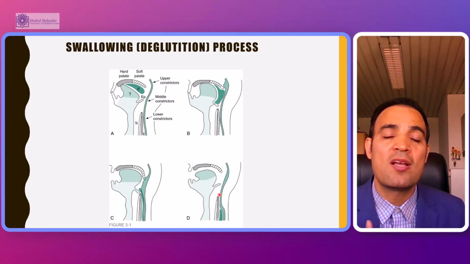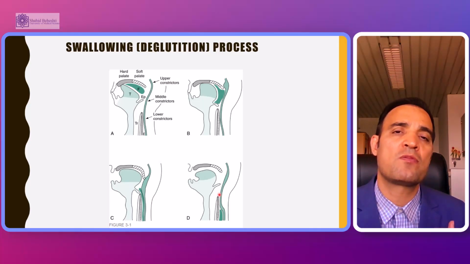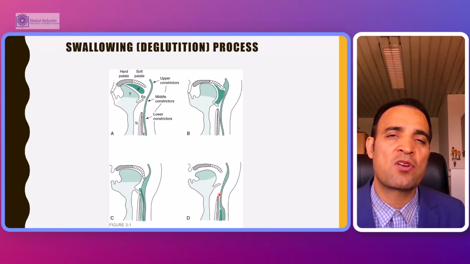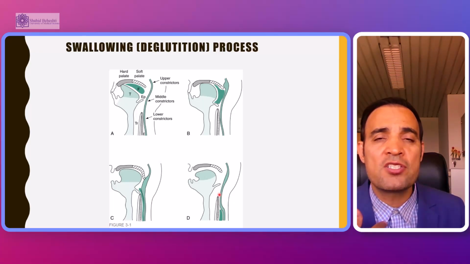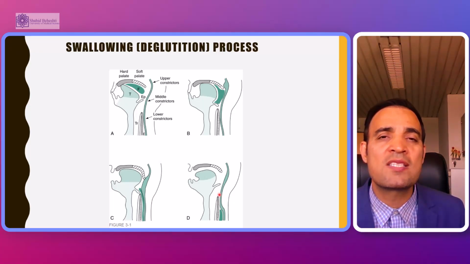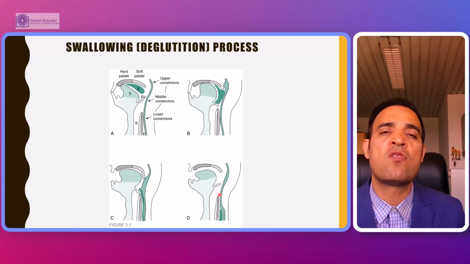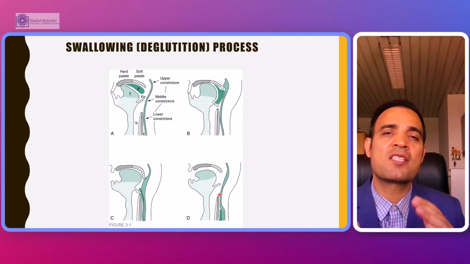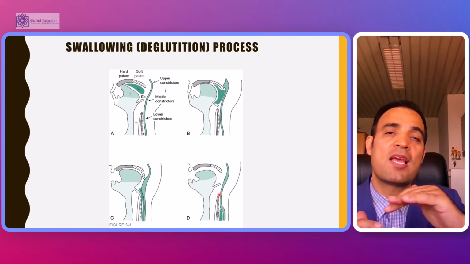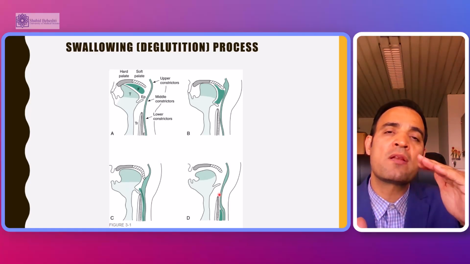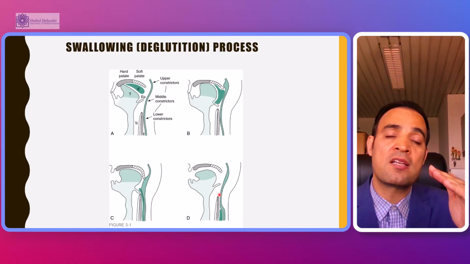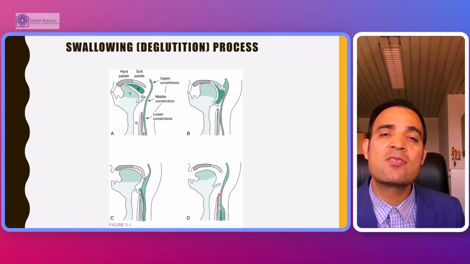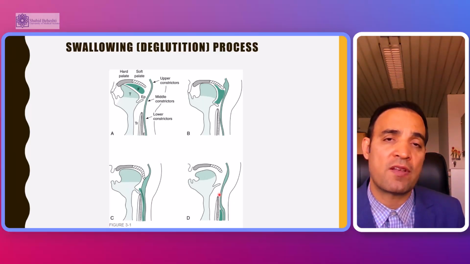But we should know that if we start some other interfering function, for example, during the pharyngeal stage we try to start speaking or generating voice, suddenly this process will be interrupted, and sometimes the epiglottis will open incorrectly and at an incorrect time, and allow some food to enter the airways.